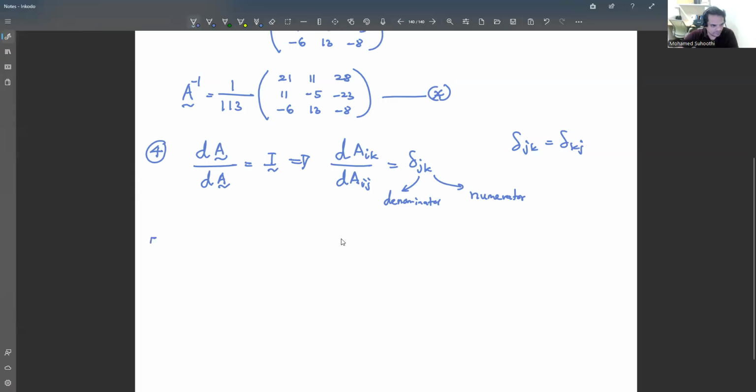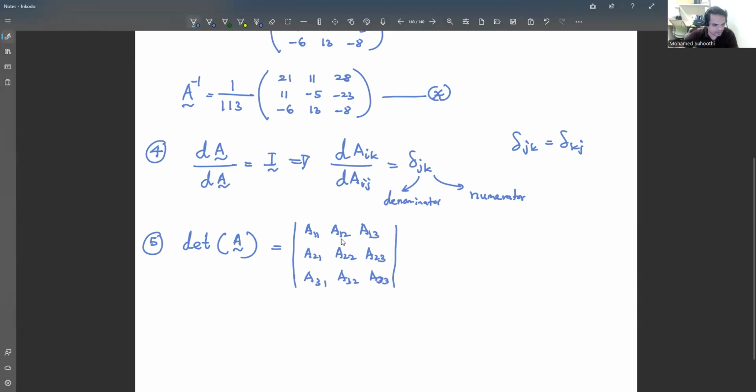Okay. The fifth one. Let's say we will write the determinant of A in terms of the cofactor matrix. So for example, the determinant of A, that means A11, A12, A13, A21, A22, A23, A31, A32, A33.